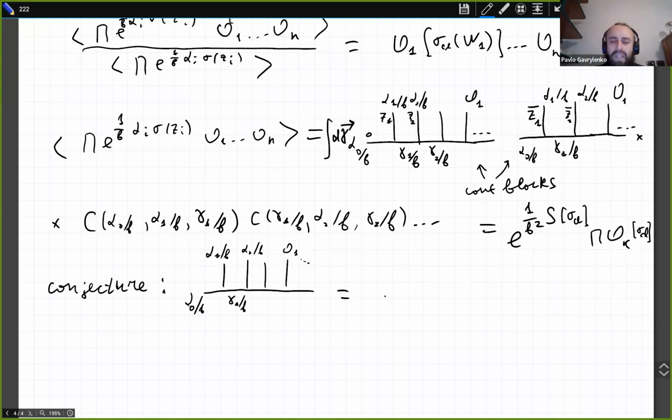So it equals some function e to the 1 over b squared times f of alpha something, z1, z something, times a product of functions, some functions O of W_i.